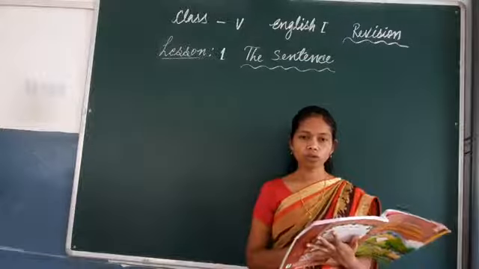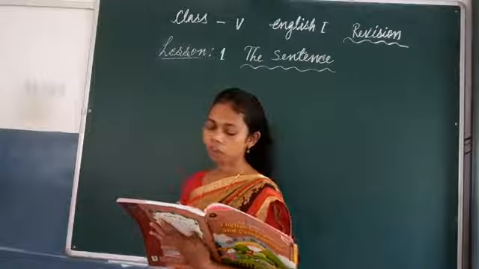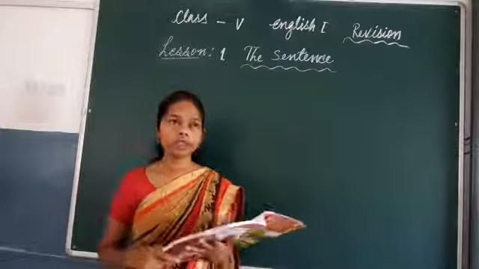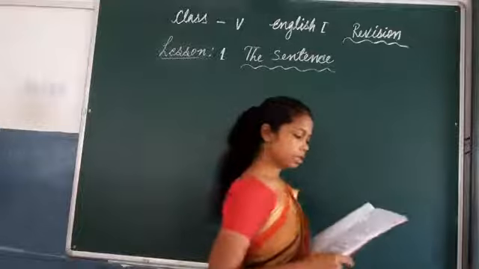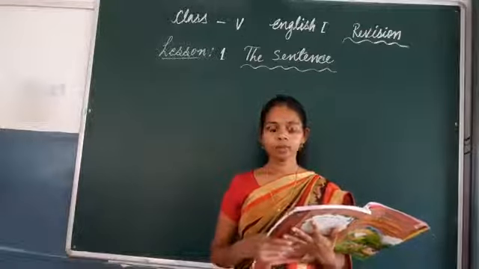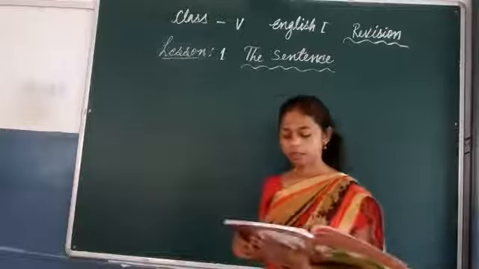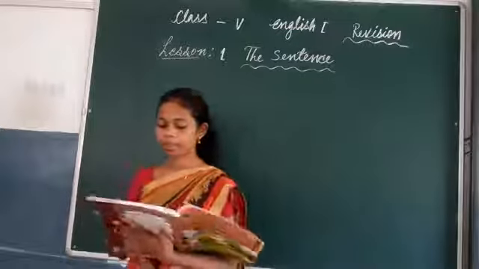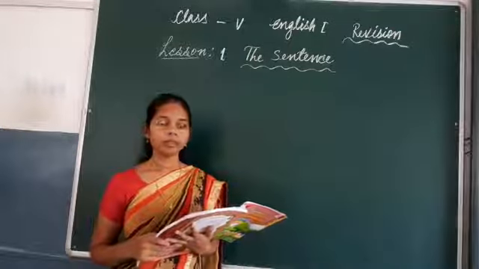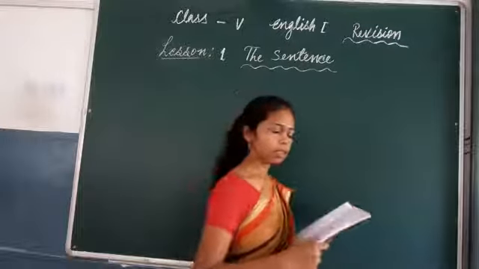What is that? The noun which replies to the question what or who asked after the verb is known as the object of the verb. When we ask the question what and whom after the verb, whatever answer we get is known as the object of the verb.